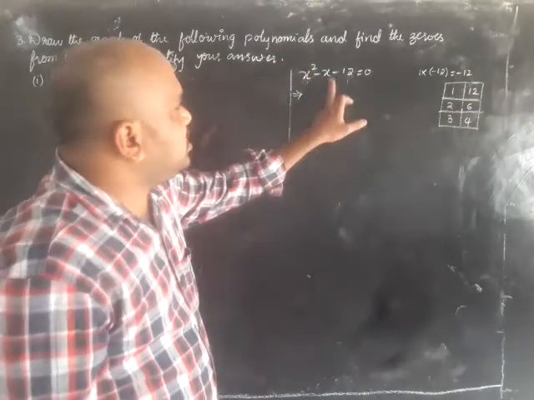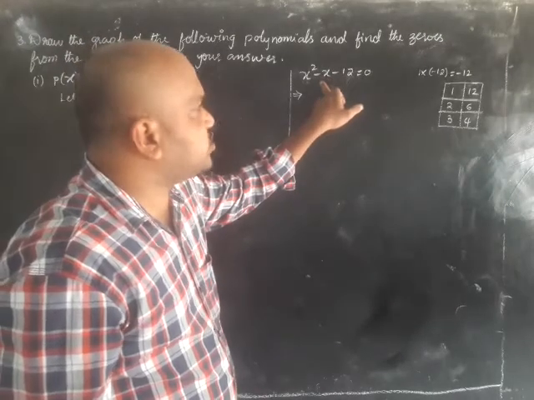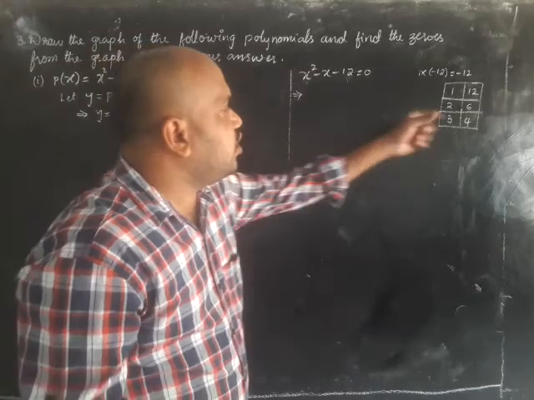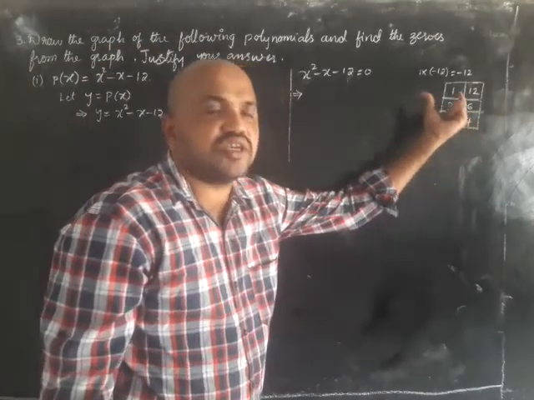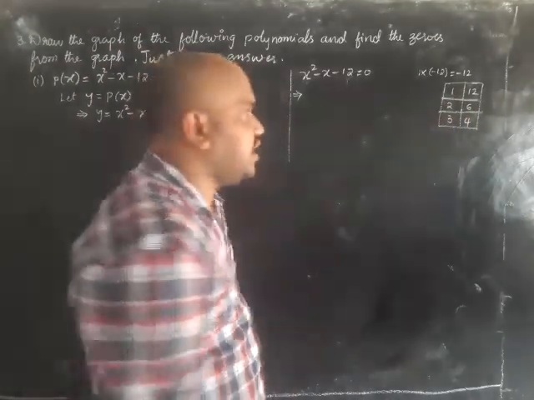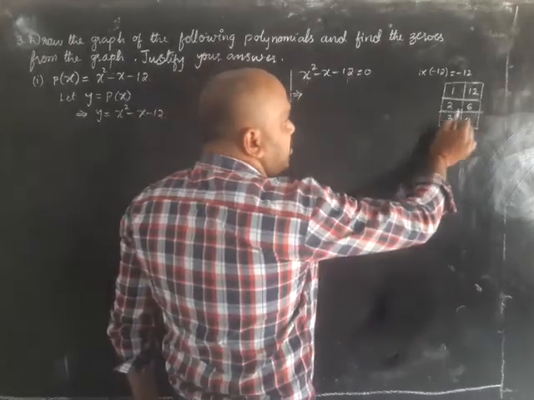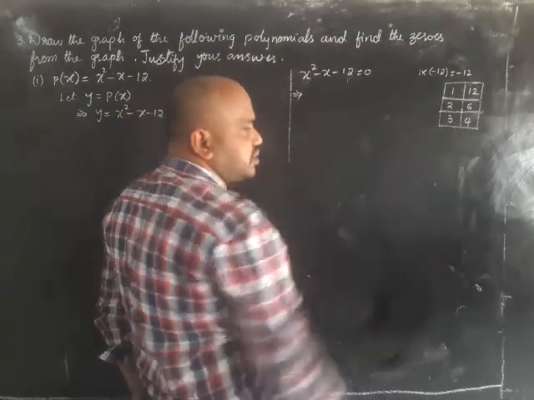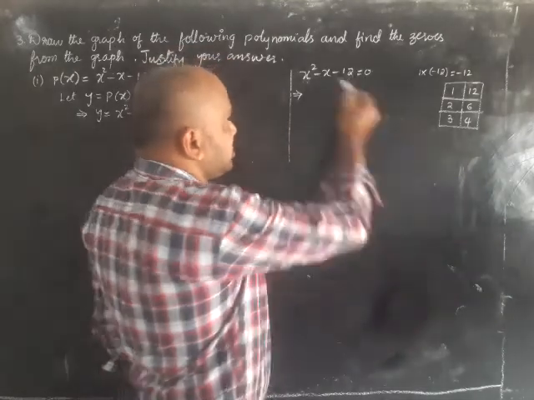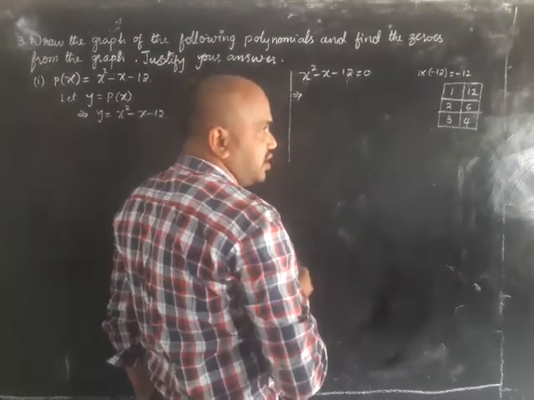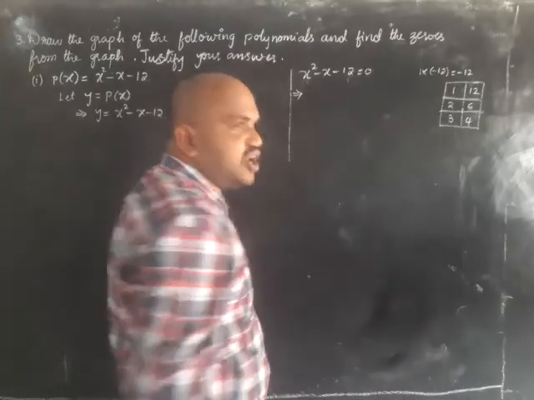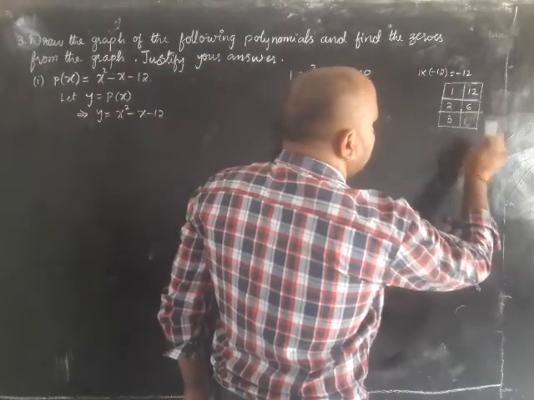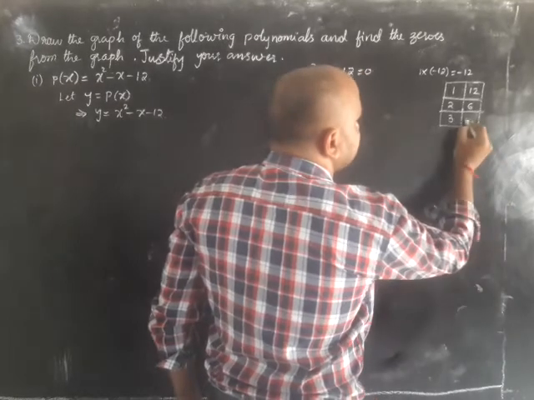Now the coefficient of x here is minus 1, so if we add or subtract we have to get minus 1. The only possibility is 3 and 4, because the difference between 3 and 4 is 1. But after multiplying you have to get minus, so among these two numbers one must be negative. The highest value must be the negative, then the difference will be minus 1 only.